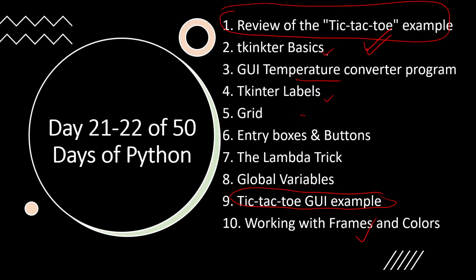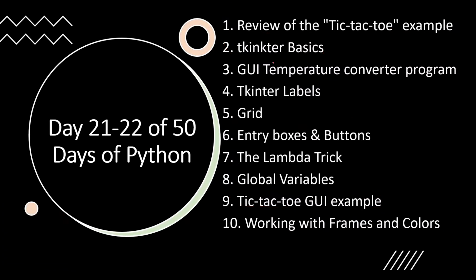So what we did was we reviewed the basics of Tkinter. Reviewing the basics, we've seen labels, we saw grids, buttons, etc. And then we reviewed our temperature converter program, and in this case we made it a kind of interactive program, a little bit.